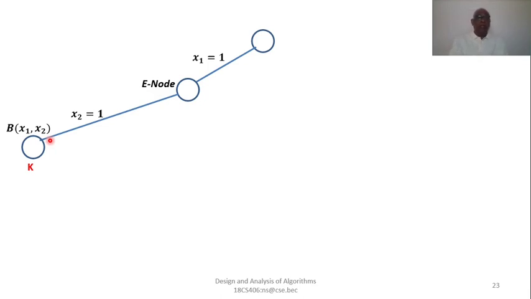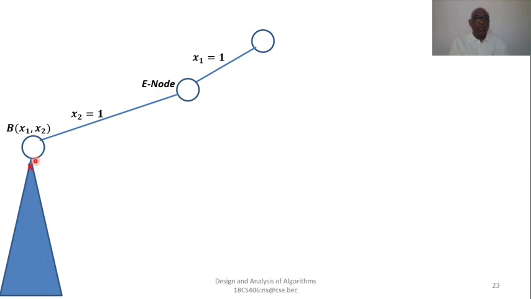This is another term that is used in backtracking. When we kill this node, what it exactly means is we are not exploring the portion of the state space tree rooted at this node.